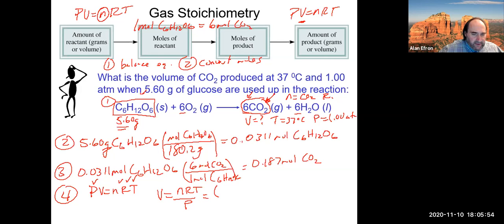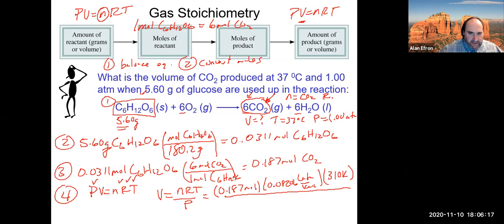Putting in our numbers, we get 0.187 moles. We got our gas constant there. We have our temperature, which was 37 plus 273. That's 310. Divided by our pressure, which was 1 atmosphere.